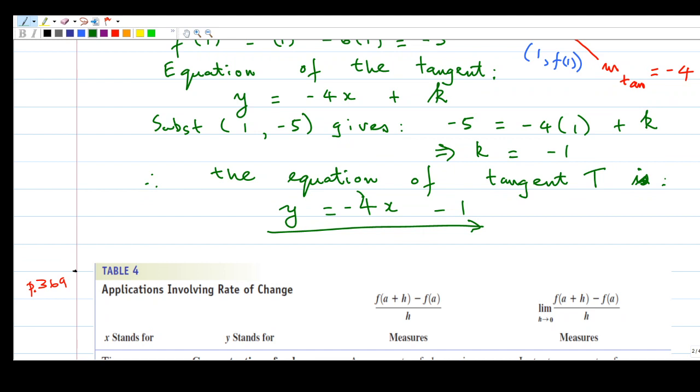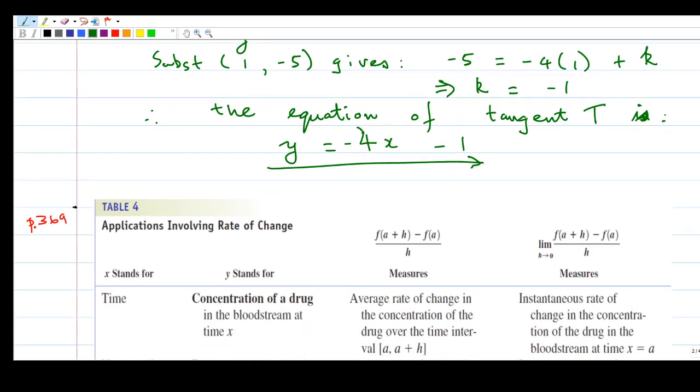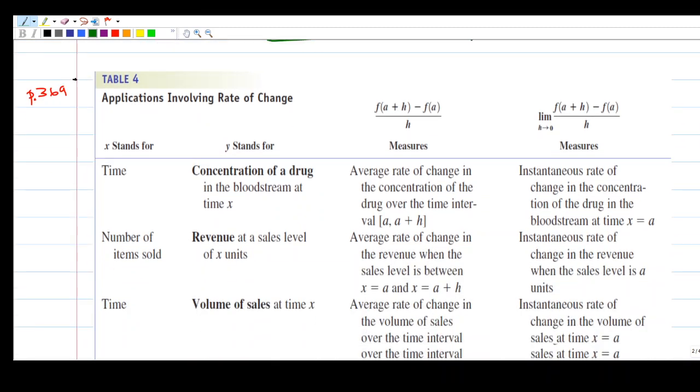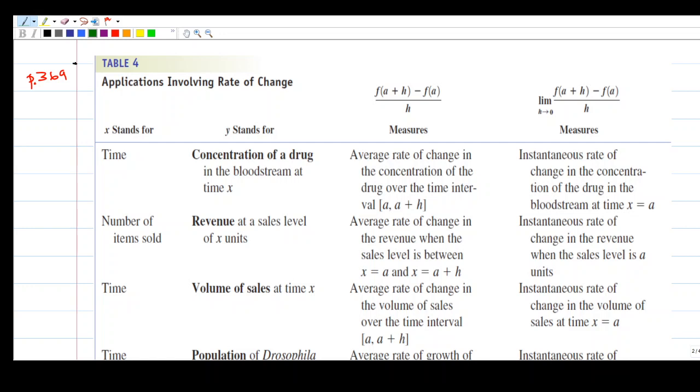Right. We now look at table 4 in the text. This is on page 369. Right, and this is applications involving a rate of change. So you've got different columns. X, the input variable stands for. Y, the output variable stands for.